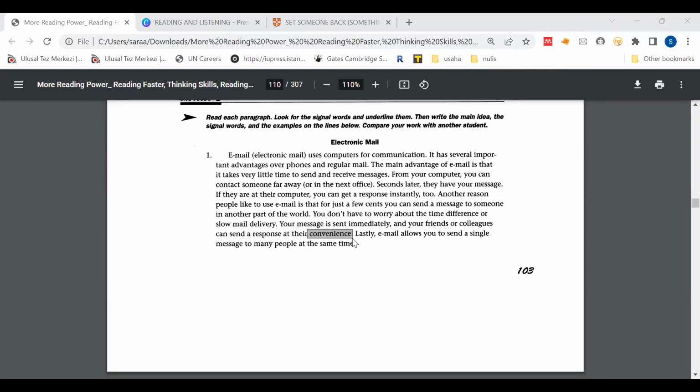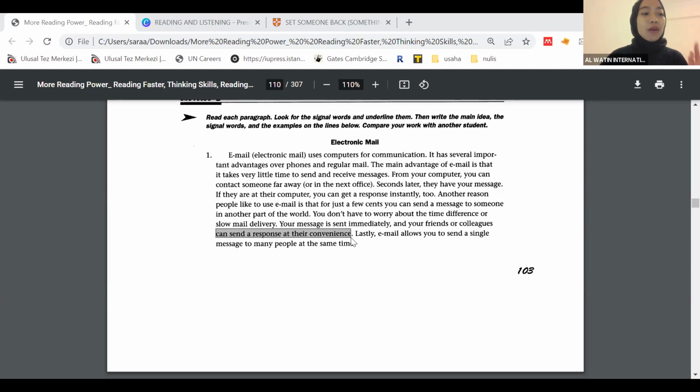Let's see the paragraph. Your message is sent immediately, as soon as possible, and then your friends or colleagues will reply to the message at their convenience. So whenever they want to reply, they can reply.